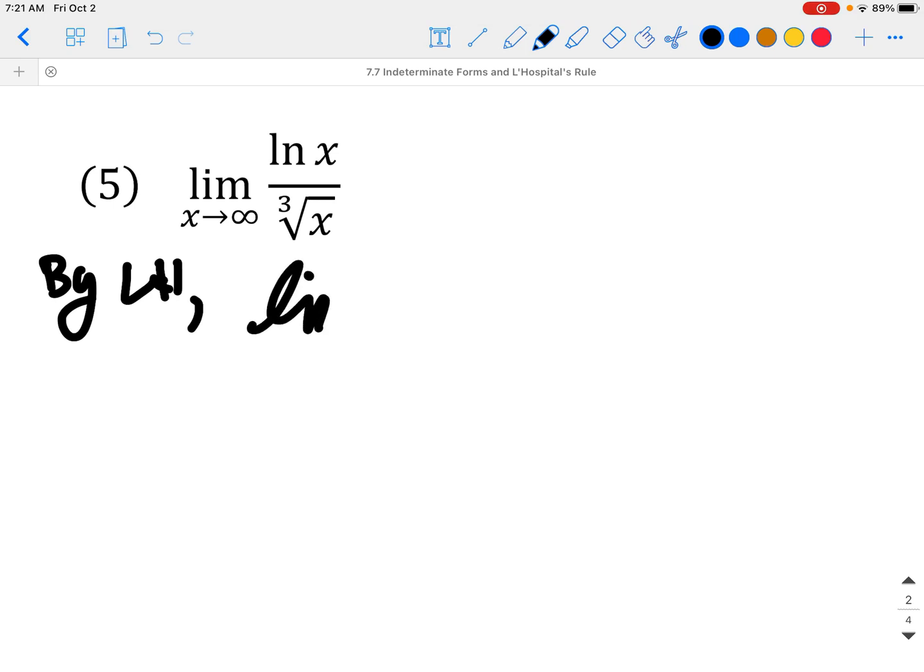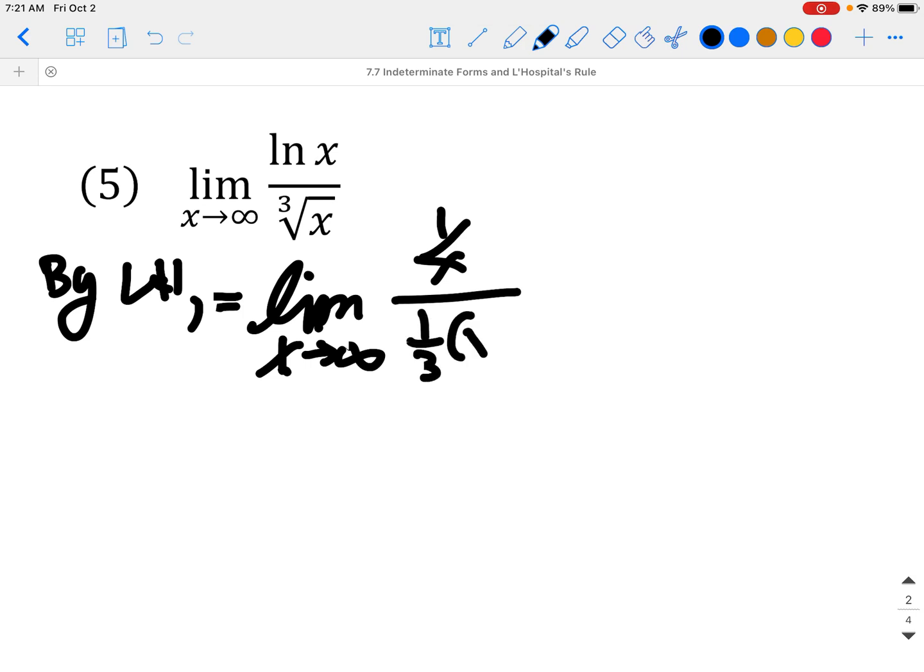So we'll get the limit as x goes to infinity, 1 over x over 1/3 x to the negative 2/3. Which is the same as just x to the negative 1.